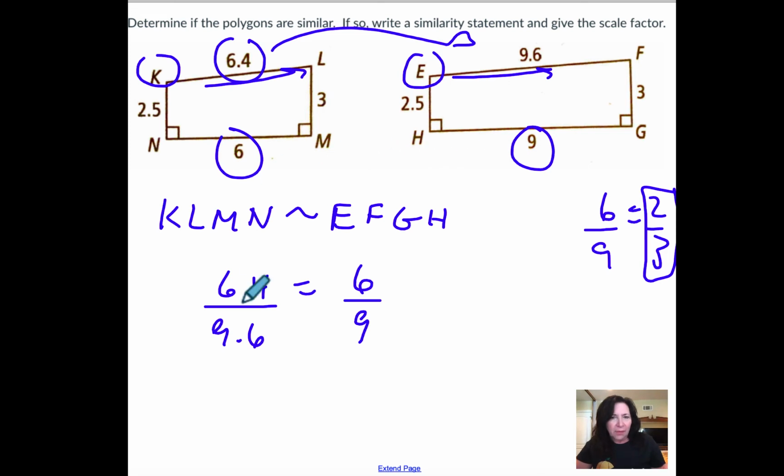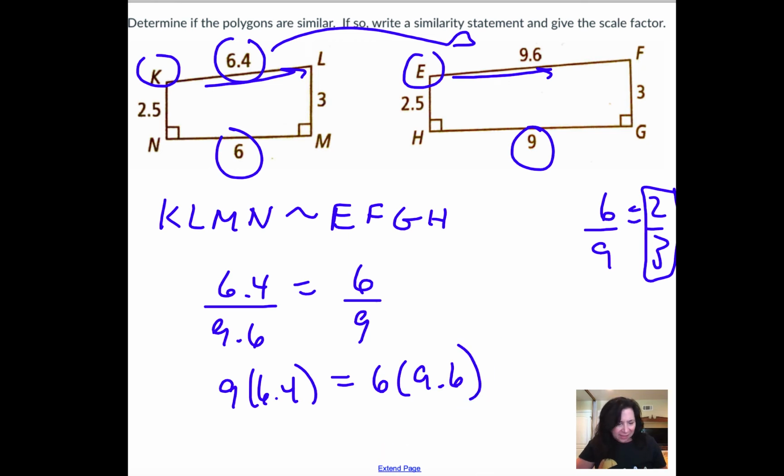So let's see what happens here when I cross multiply and I go 9 times 6.4. Does that equal 6 times 9.6? And let's do that. So 9 times 6.4, I get 57.6. And then 6 times 9.6, also 57.6.